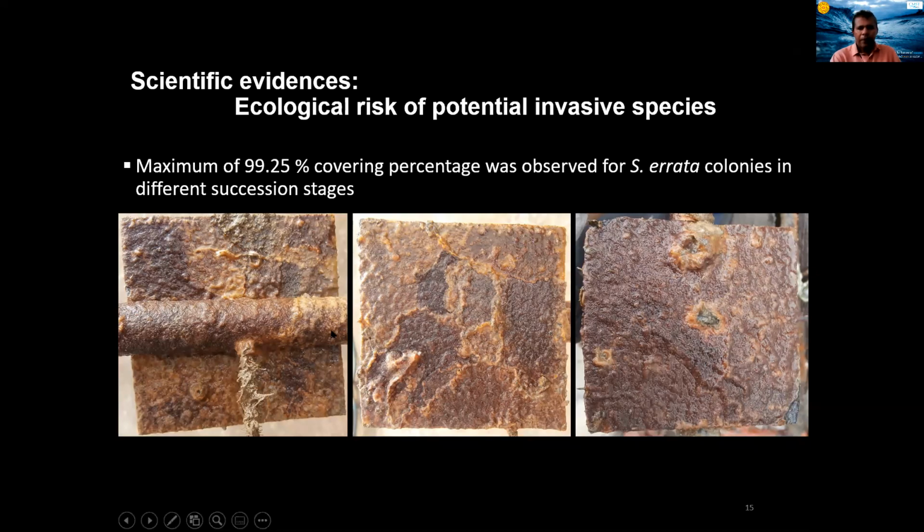We have done a lot of these ecological succession studies in the marine environment, particularly looking at marine invasive species, where we put metal structures in the Colombo port and the marine environments, just to understand how the species that attach to the surfaces, called biofouling, behave.